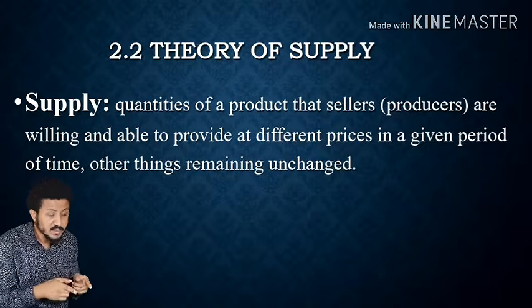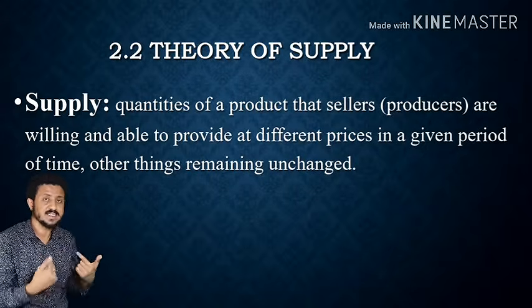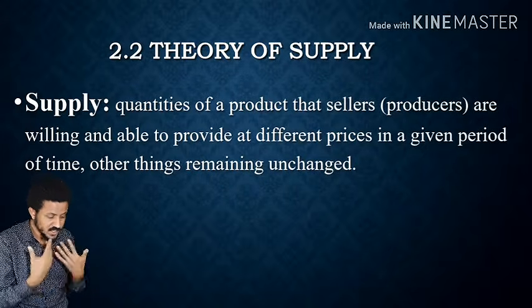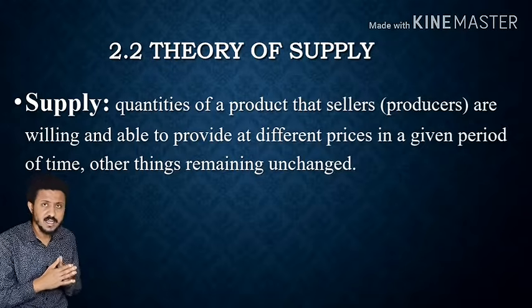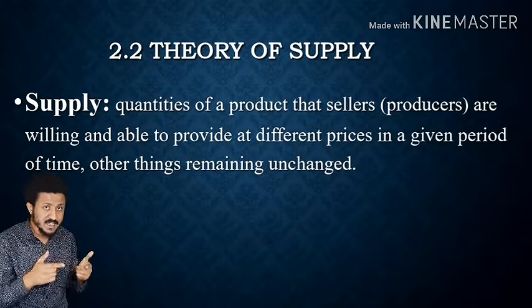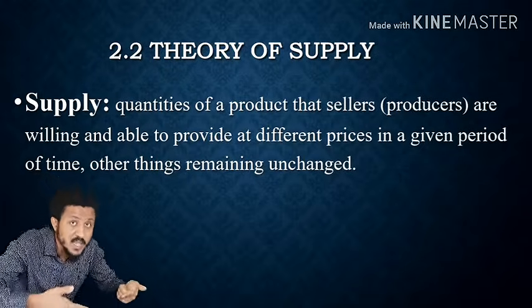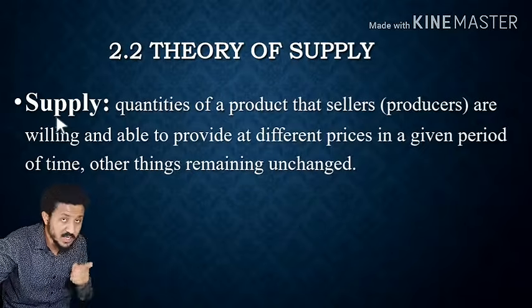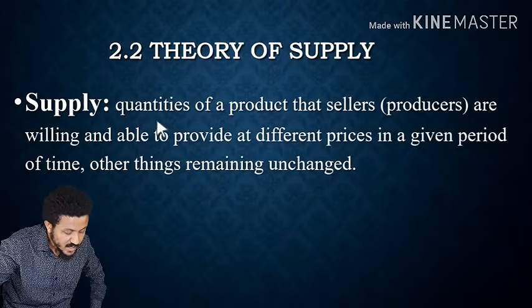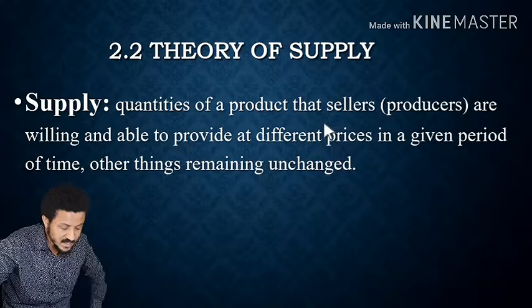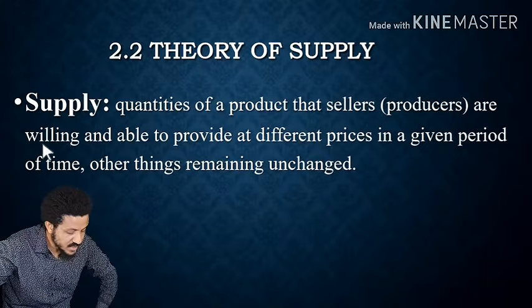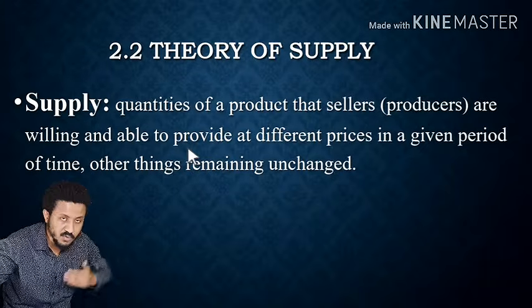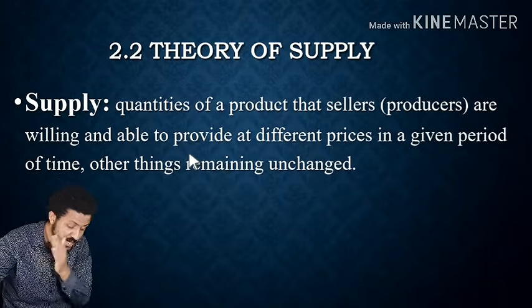Similarly with supply, we talk as a seller. Since we are speaking as a seller, supply is willingness and ability to sell. So, the supply curve shows quantities of products that sellers or producers are willing and able to provide at different prices.